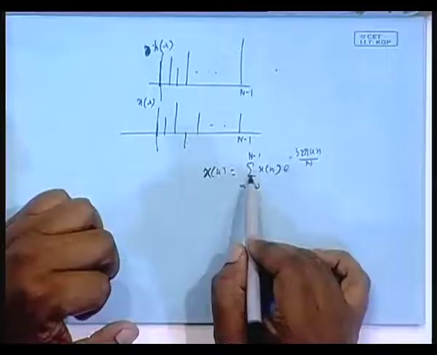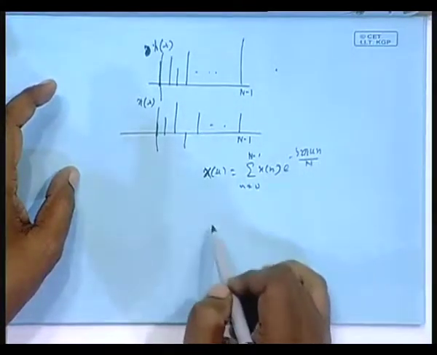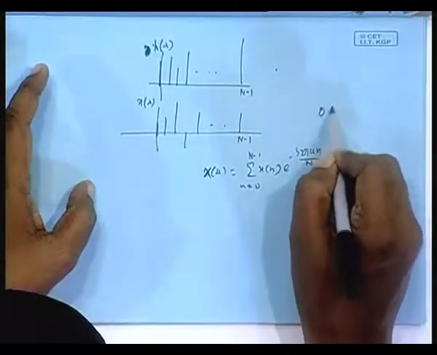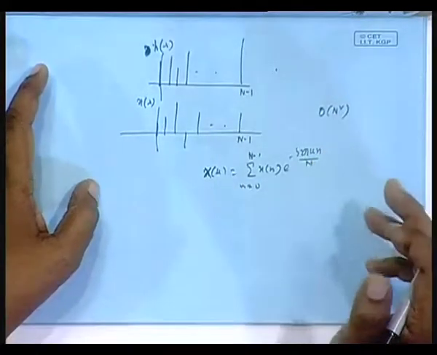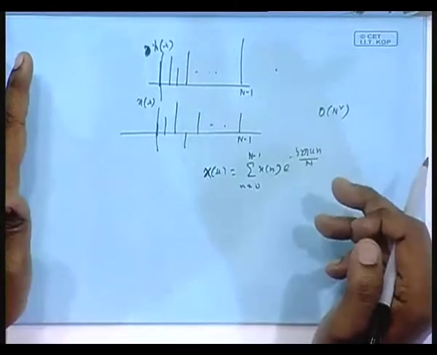So if I assume order N multiplications, and how many k? N k values. So order N square. Suppose you are having a sequence of length 512. You understand how much computation: 512 square.